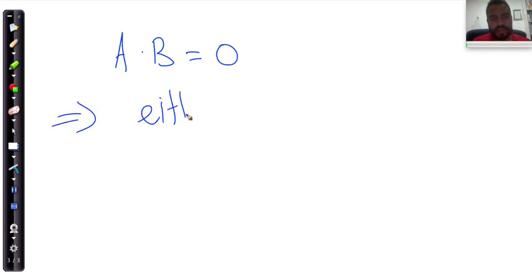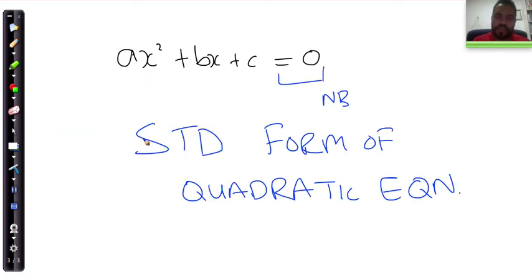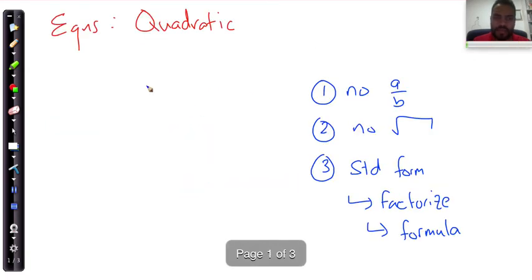Then over here, we're going to talk about the zero product property, and that basically says if a times b is equal to 0, that implies that either a is equal to 0 or b is equal to 0. Okay, and as you can see, that's factor a and factor b, which means it's something multiplied by another thing, right? That's going to be very important when we look at it.